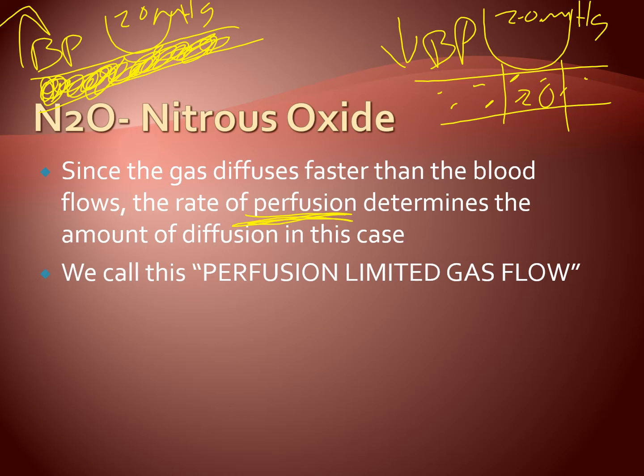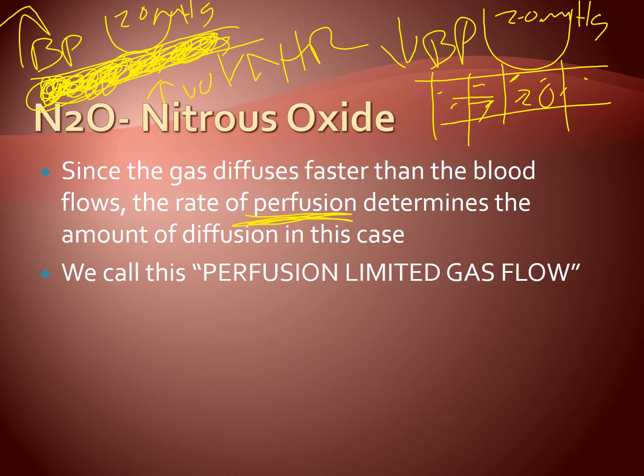And then it's going to be a little while, because remember, it's going to take longer for lower blood pressure for the next blood to show up. So we're going to have a lot better diffusion. We're going to have a lot more of the gas enter their bloodstream faster if their blood pressure is higher, or their heart rate is higher, or their blood volume is higher.